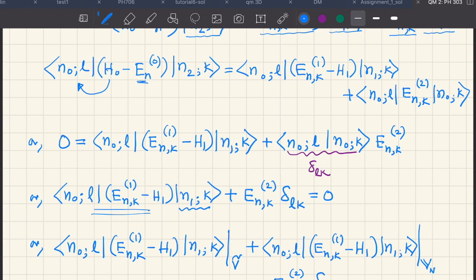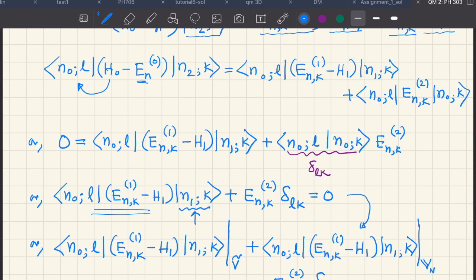So from this step to this step we have done nothing new. We have just said that this object ket n1k has components along both the directions. One is along V tilde, another one is along Vn. So we just broke this n1k vector into its components.